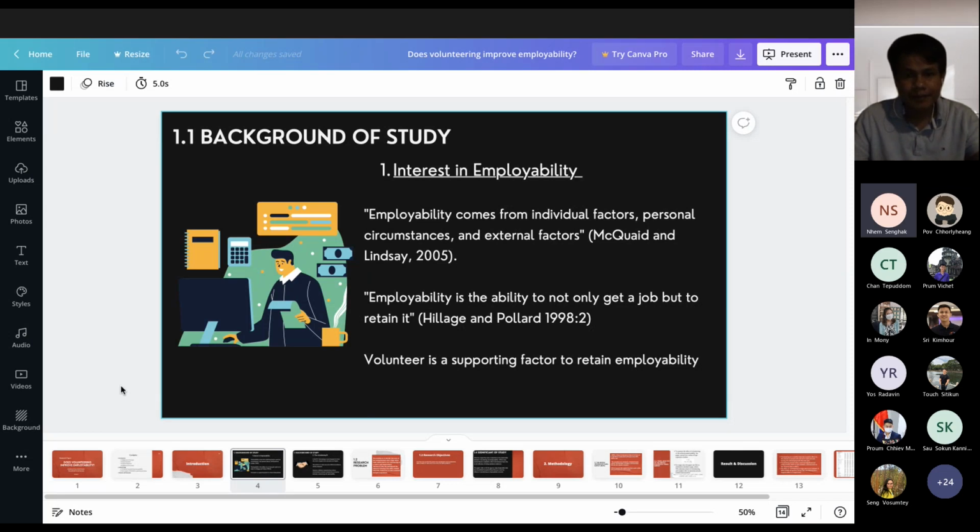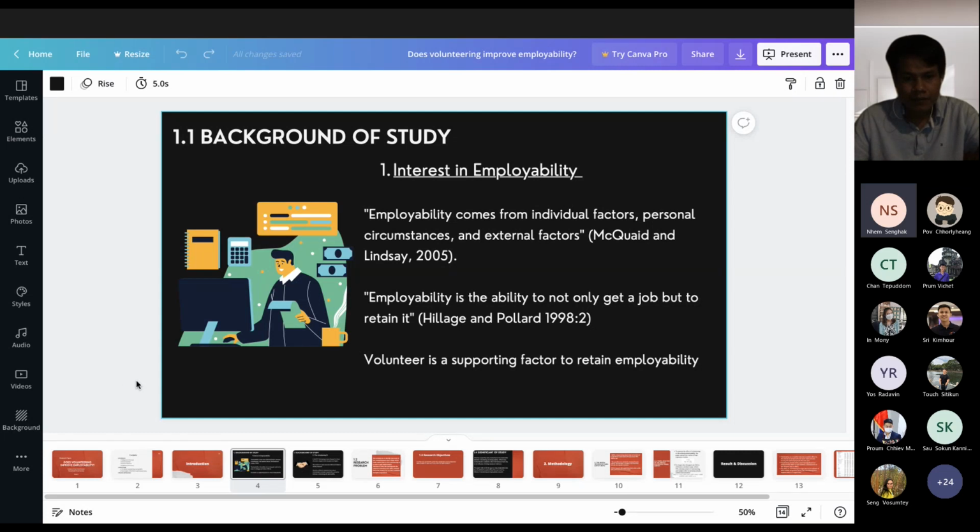We can define employability as the ability not only to get a job, but also to retain it as well. And volunteering is a supporting factor that helps retain employability.